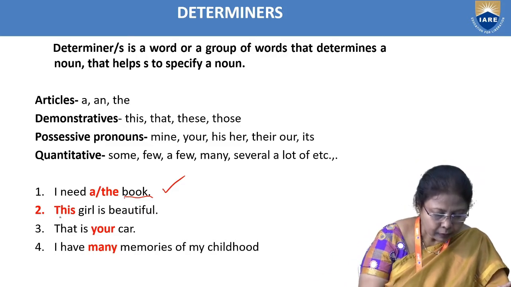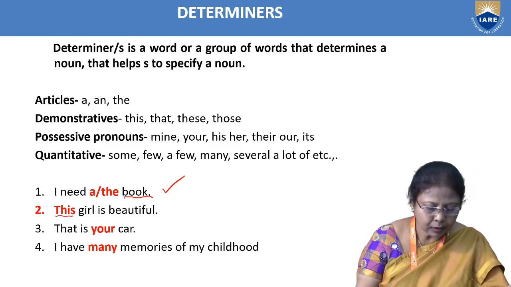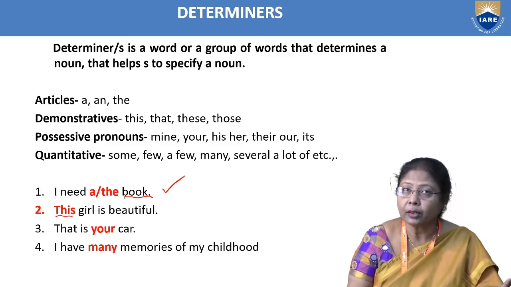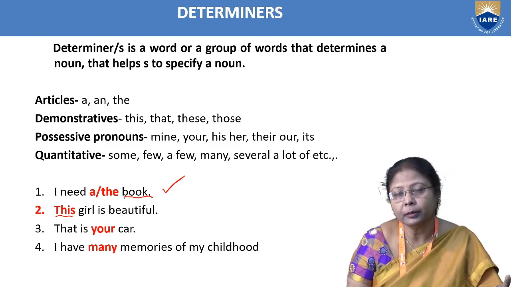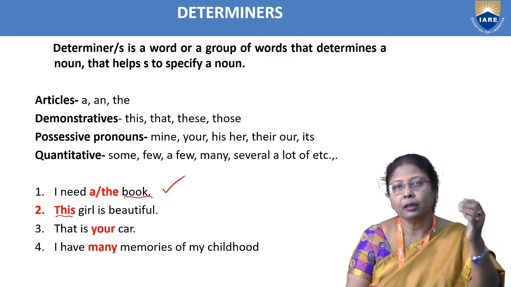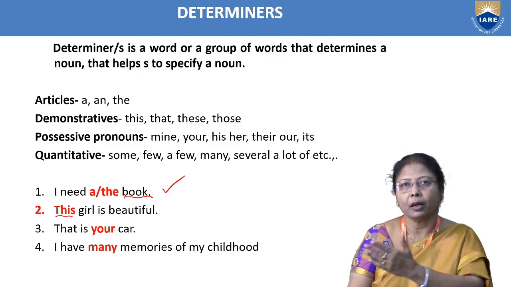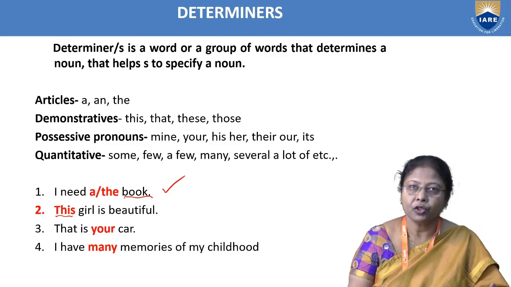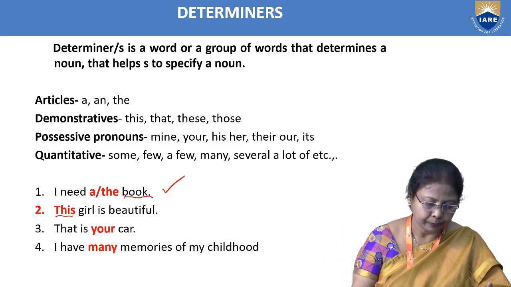And then, this girl is beautiful. What are the demonstratives here? This, that, these, those. These are the determiners. This book is, that girl is, those boys are. These are demonstratives, which demonstrate what the noun is.